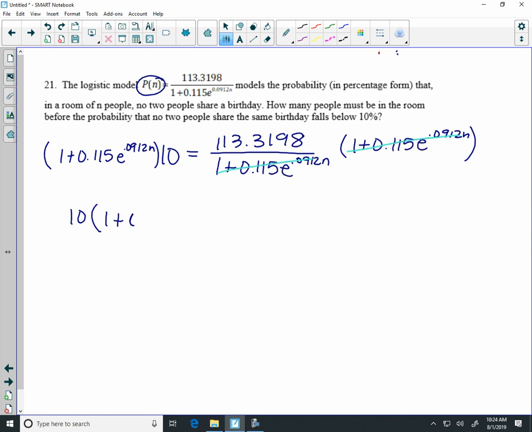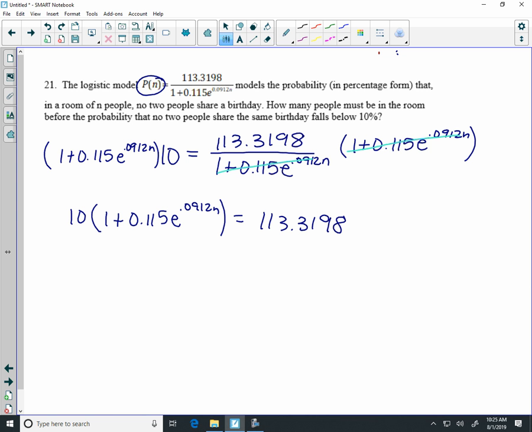All right, so 10 times this monster that used to be our denominator. I'm double checking as I go. I'm writing a little bit slower to make sure I get all of the digits that I need. 13.3198. Cool.